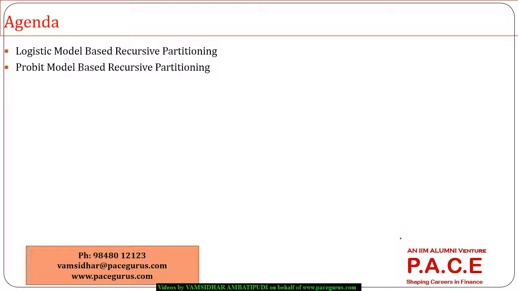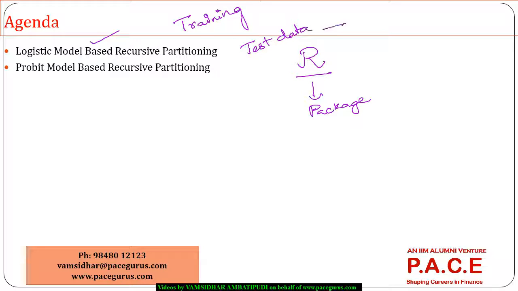Here our focus is more on using a statistical package like R. Within R, using an appropriate package to perform logistic model based recursive partitioning on training data, use that model to test it out on the testing data and evaluate the accuracy of the model before rolling out to the new data altogether.